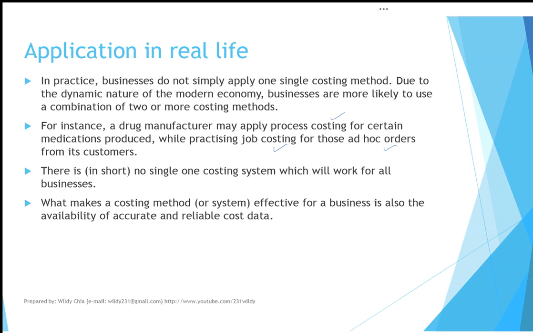What makes a costing system effective is the availability of accurate and reliable cost data. Without reliable cost data, of course, rubbish in, rubbish out. So accurate data is necessary for accurate costing.